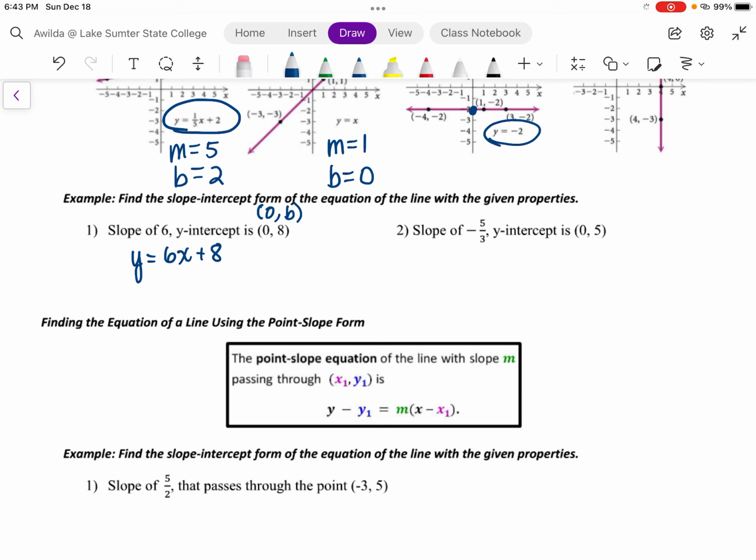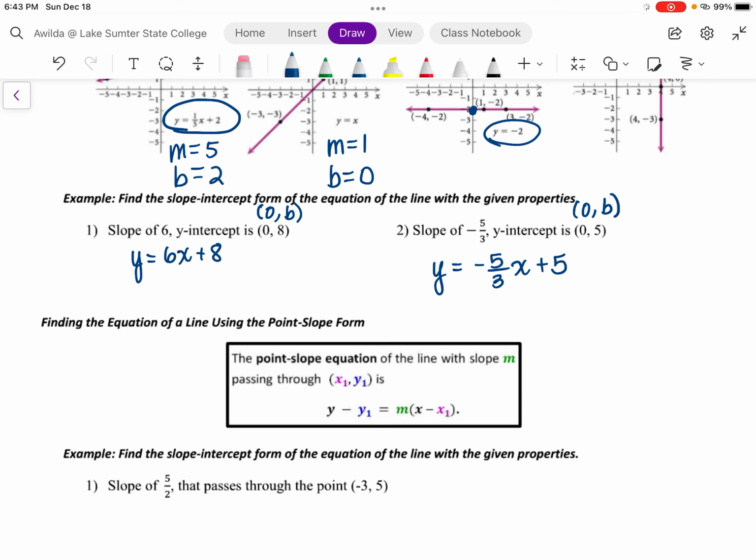In our next example, we have a line with a slope equal to -5/3, and the y-intercept is the ordered pair 0, 5, which again is the ordered pair 0, b. So here we have y equals -5/3 as the coefficient of x, and then we have plus 5, which is our b.